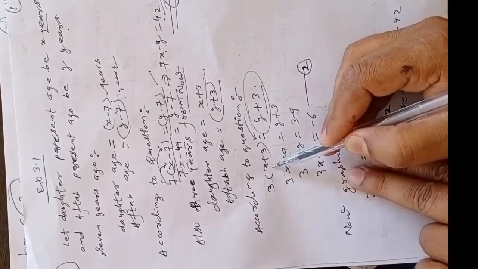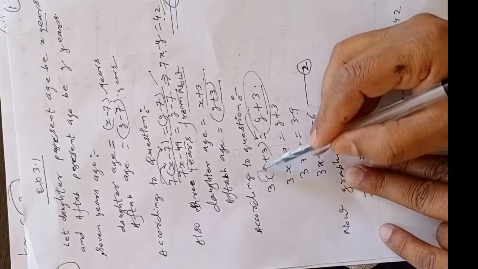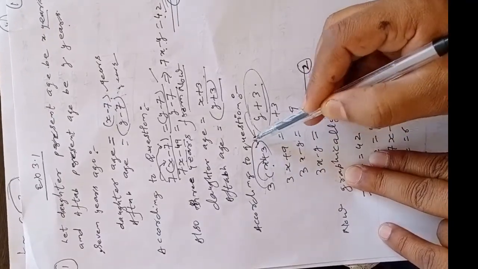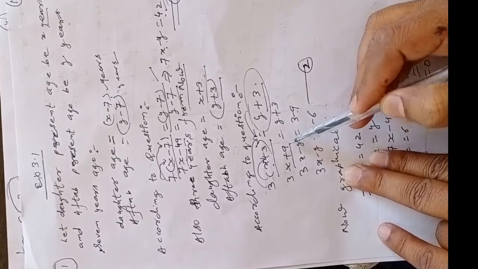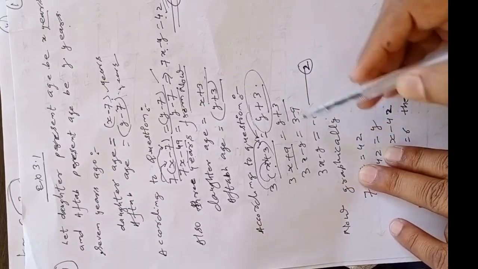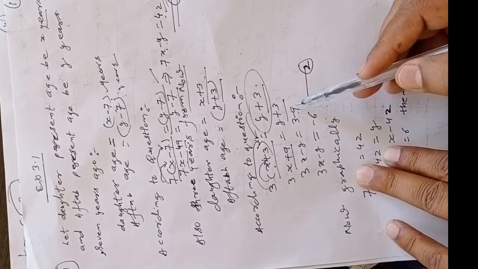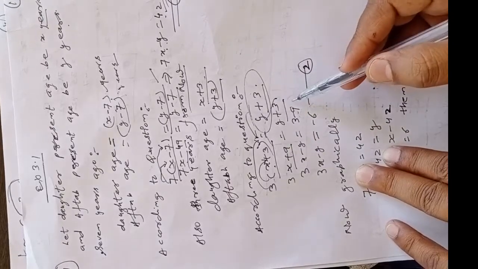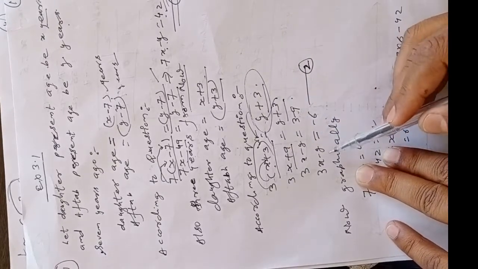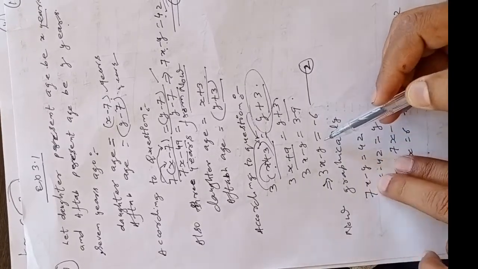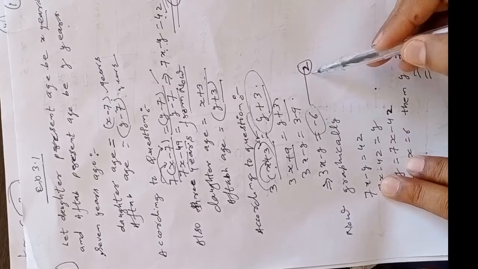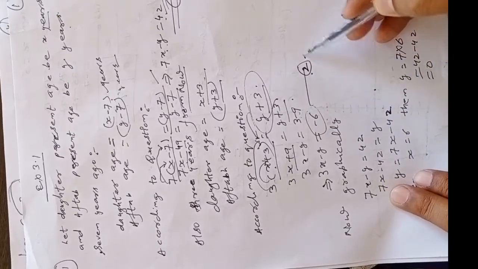So when we multiply the daughter's age with 3, then both sides will be equal. Then 3 will be multiplied with these two terms. So it will be 3x plus 9 is equal to y plus 3. And 3x minus y is equal to 3 minus 9. 9 will go to the right hand side. So when we simplify this, 3x minus y is equal to minus 6 is coming. This is our equation number 2.